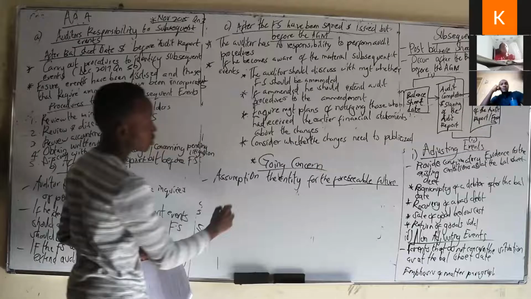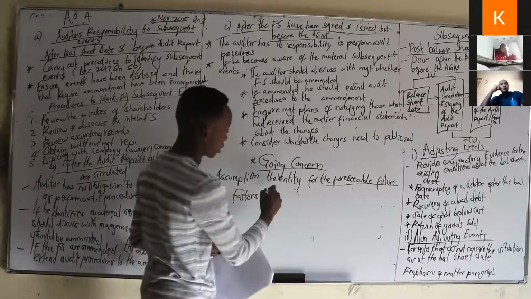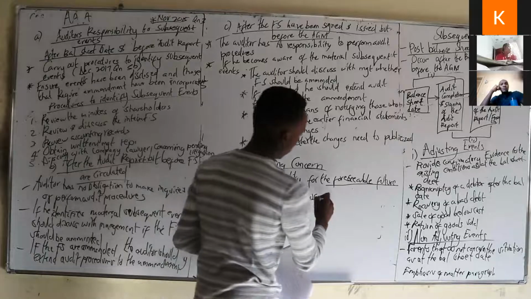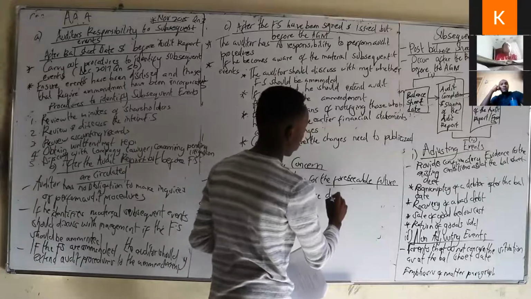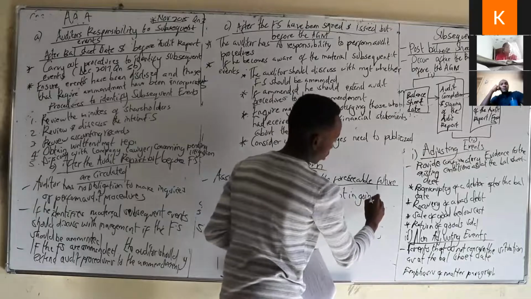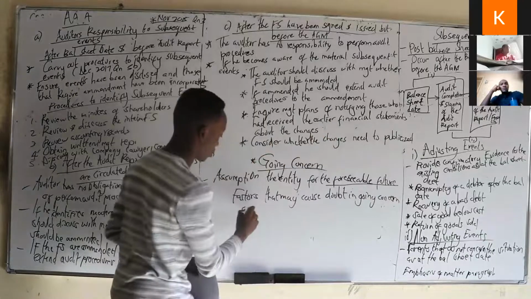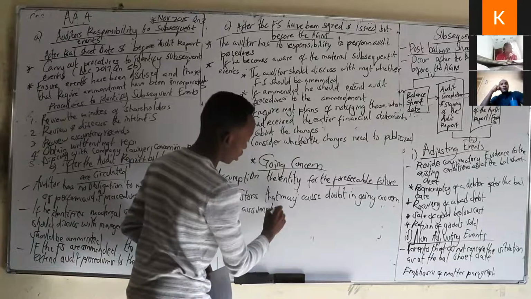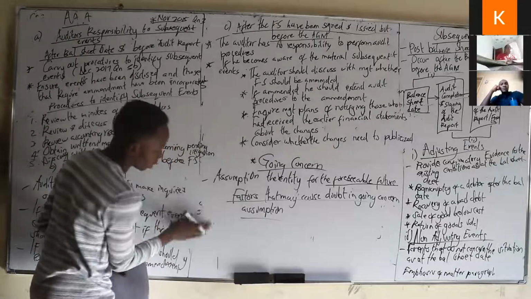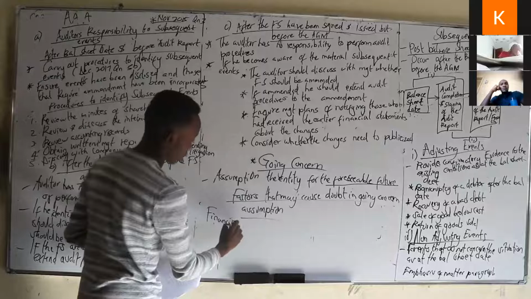These factors that may cause doubt in a going concern assumption will be categorized into 3 ways. One of them is what we call the financial indicators.